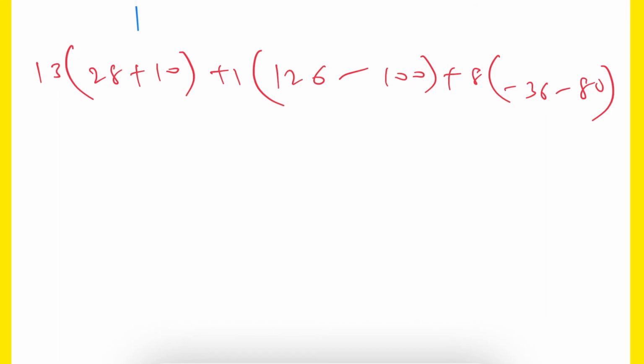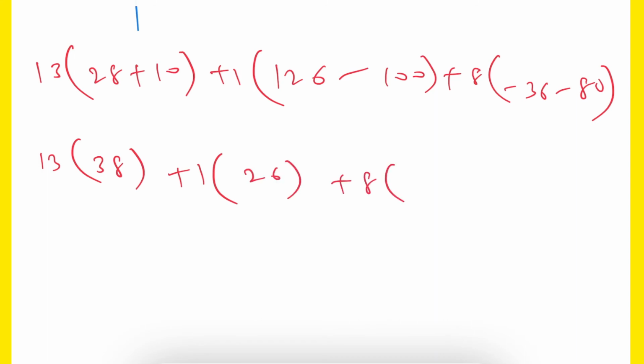Okay, let us simplify this further. 13 into (28 plus 10, 38) plus 1 into (126 minus 126 plus 8 into minus 36 minus 80, minus 116). So next will be 13 times 38, 494, plus 1 into 26, 26, minus 8 into 116.